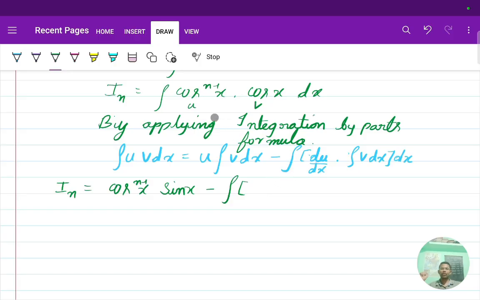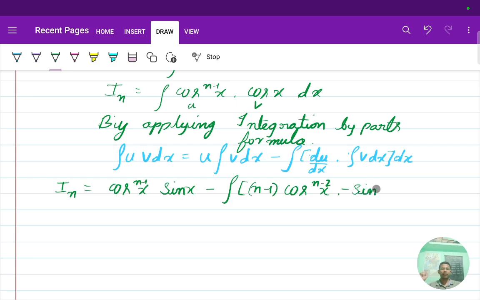what is the differentiation of u, that is cos power n minus 1 x. The differentiation of cos power n minus 1 x is n minus 1 into cos power n minus 2 x, right? And by the chain rule, the differentiation of cos x is minus sin x.